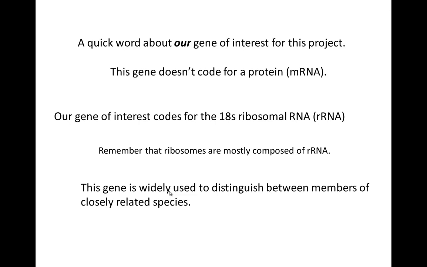That makes for a good molecular clock. And because it's highly conserved, this gene that codes for the 18S ribosomal RNA makes a good molecular clock. If it mutated very quickly or in some other fashion, or it never mutated, it would not make for a good molecular clock. By molecular clock, I mean a way of determining how long ago these two species diverged in evolution.